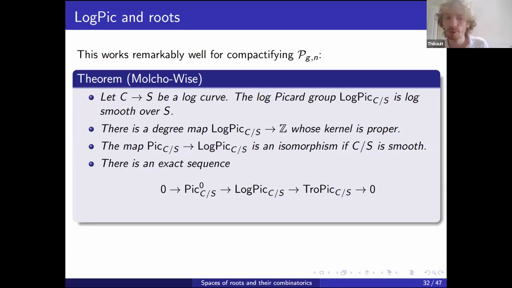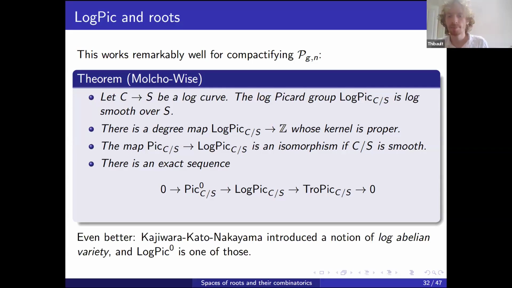There's a bit more that is true. This logarithmic Jacobian, the degree 0 part, is a log-abelian variety in the sense of Kajiwara, Kato, and Nakayama. And I unfortunately don't have the time or willingness to explain what that means, but basically it's the right analog of abelian varieties, right?